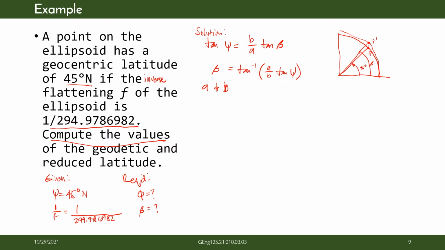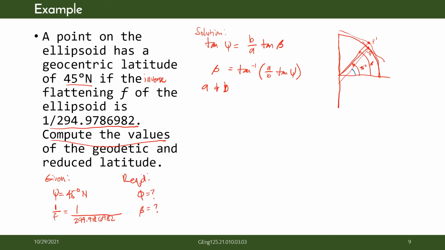And for the geodetic, this is your axis, and we project the normal.